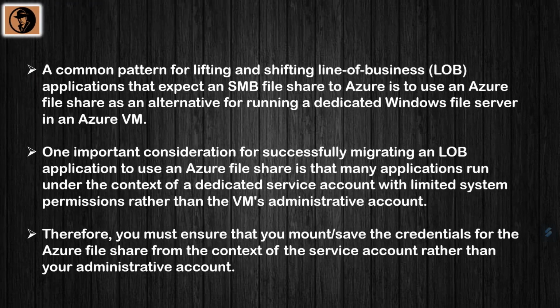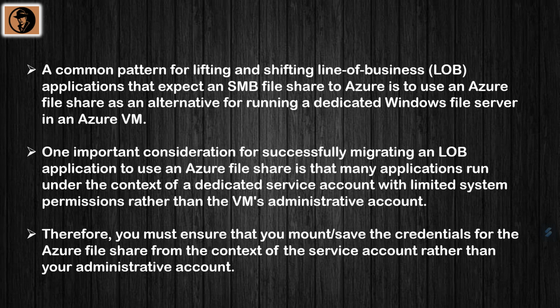A common pattern for lifting and shifting line of business applications that expect an SMB file share to Azure is to use an Azure file share as an alternative for running a dedicated Windows server in an Azure VM. One important consideration for successfully migrating line of business applications to use an Azure file share is that many applications run under the context of a dedicated service account with limited system permissions rather than the VM's administrative account.